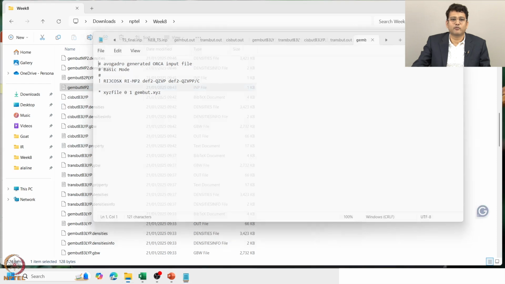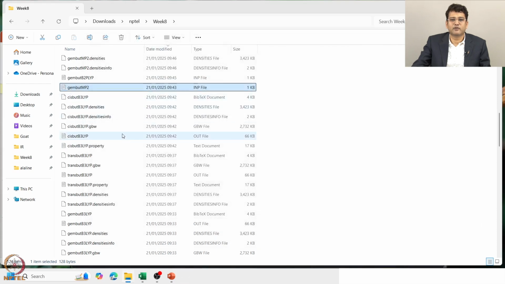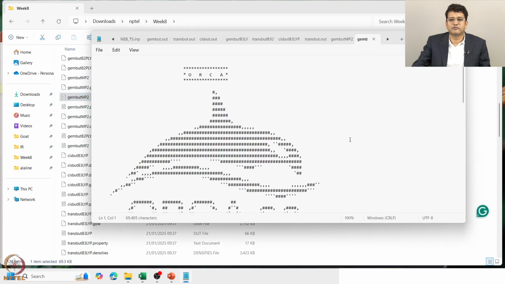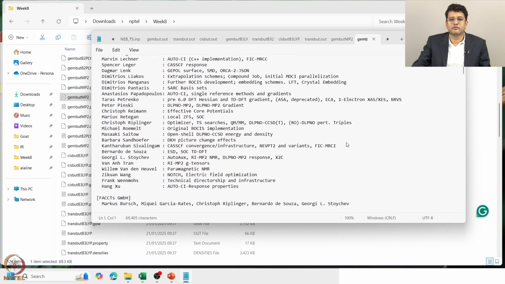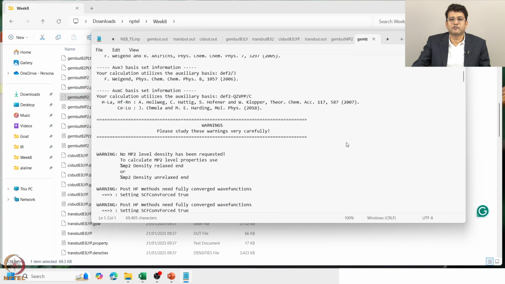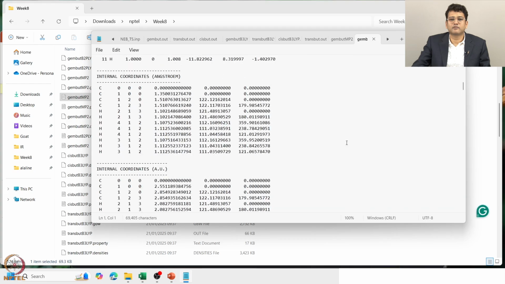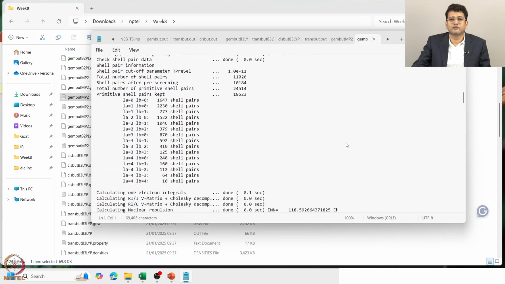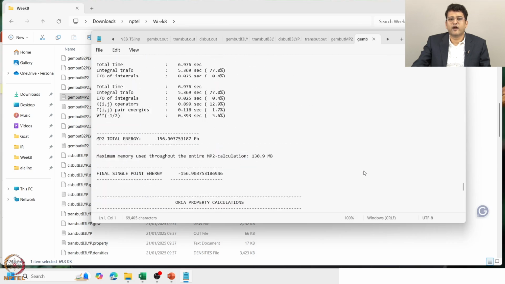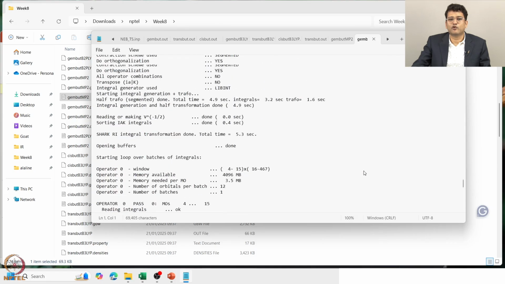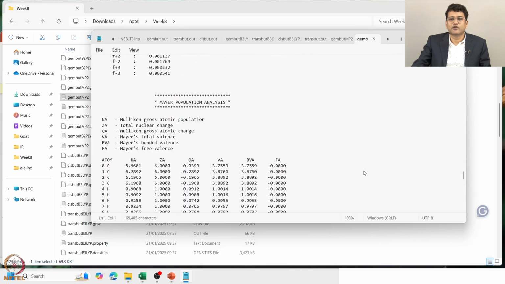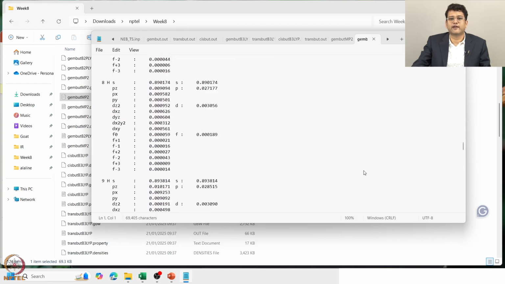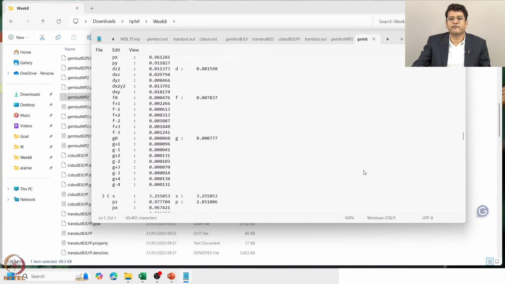So I can put the output file. One advantage of doing MP2 is that you also have the Hartree-Fock contribution. So we have written among the methods how much is the Hartree-Fock value that we can get from an MP2 output file.